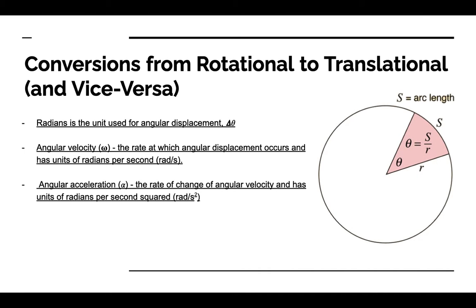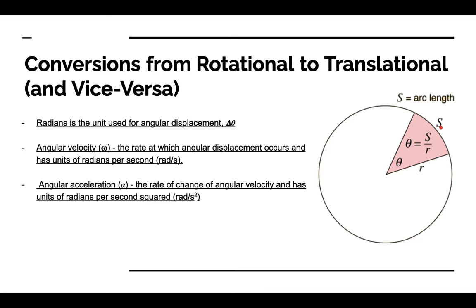So in order to convert from, let's say, angular displacement to how far an object has traveled, okay, which means translational displacement, what we can take note of right here is that if a wheel rotates through an angle theta, the distance spanned by the angle theta is going to be the distance or arc length of this particular segment of our circle, represented by the letter S, okay?